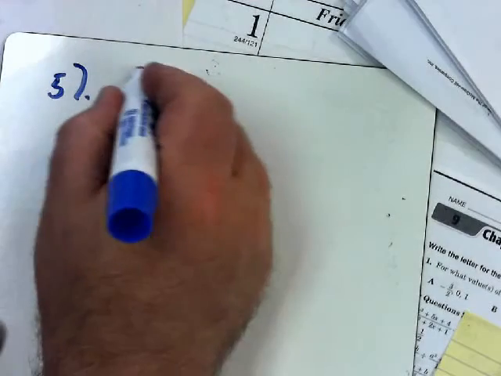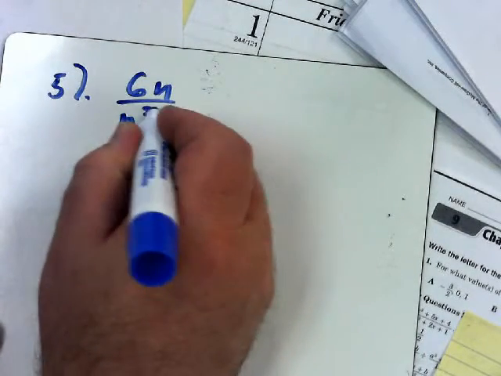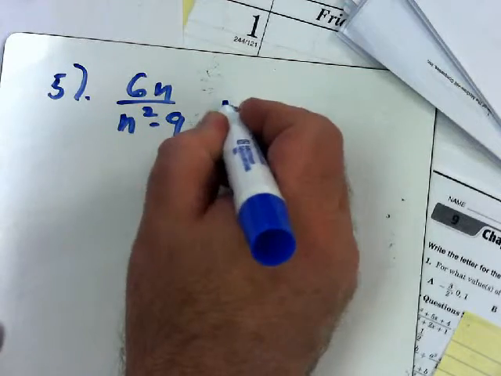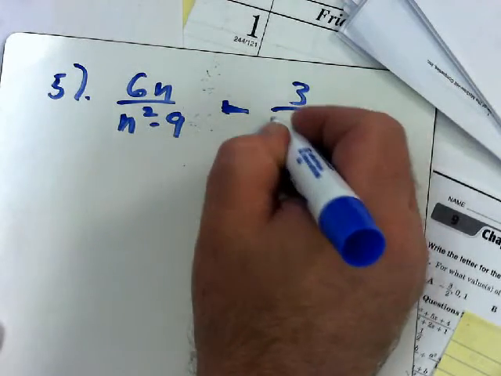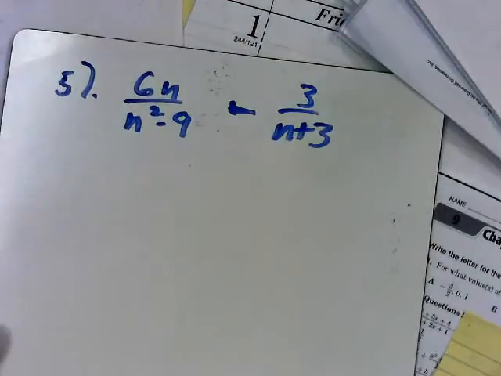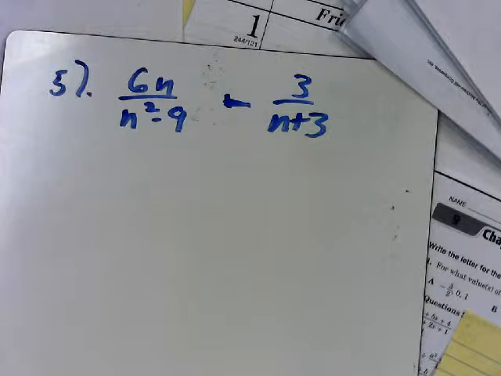Problem number 5. 6n over n squared minus 9 minus 3 over n plus 3. I'm adding, subtracting fractions. What do I have to have? Common denominator.